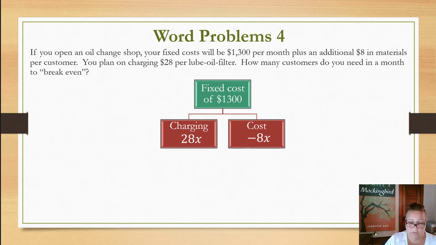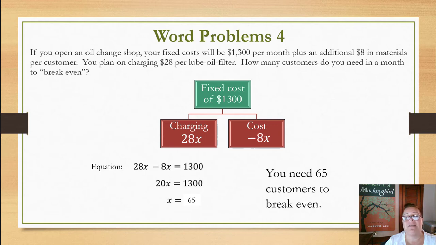This gives us an equation of 28x minus 8x has to equal $1,300, or 20x is equal to 1,300. That means when we would divide each side by 20, we're going to get x is equal to 65. What this tells us is that we would need 65 customers in order to make our fixed cost or to make our rent for the month.